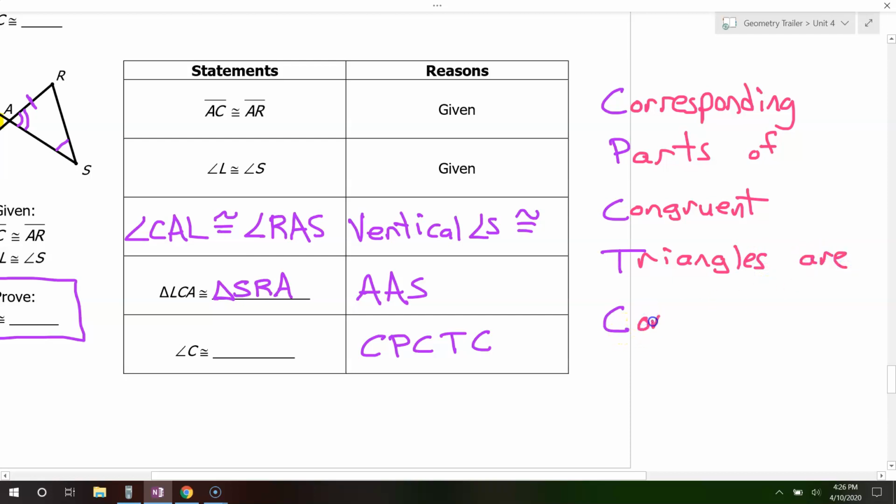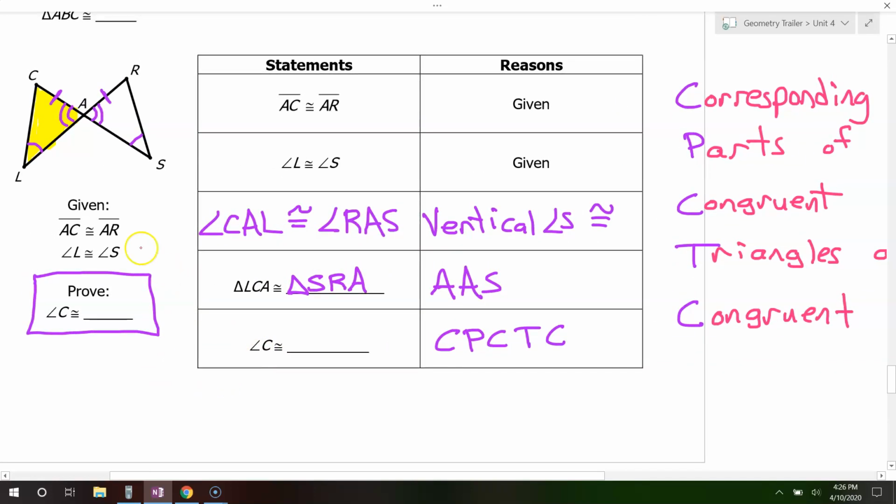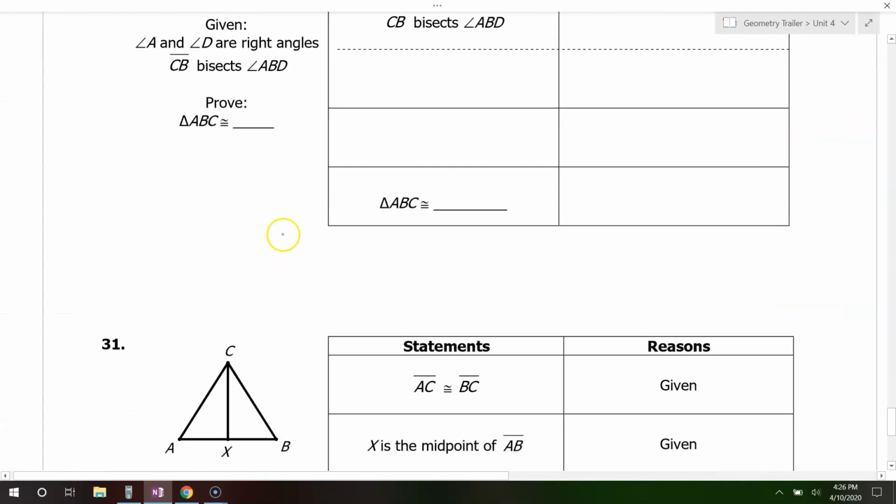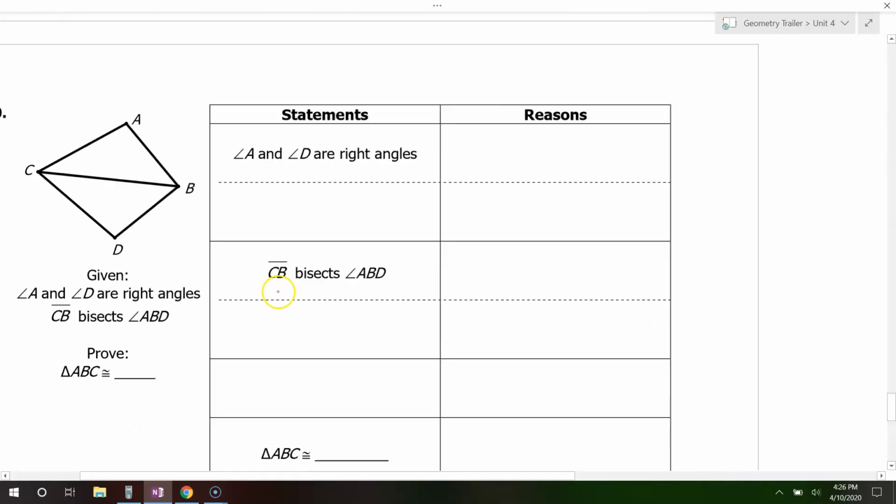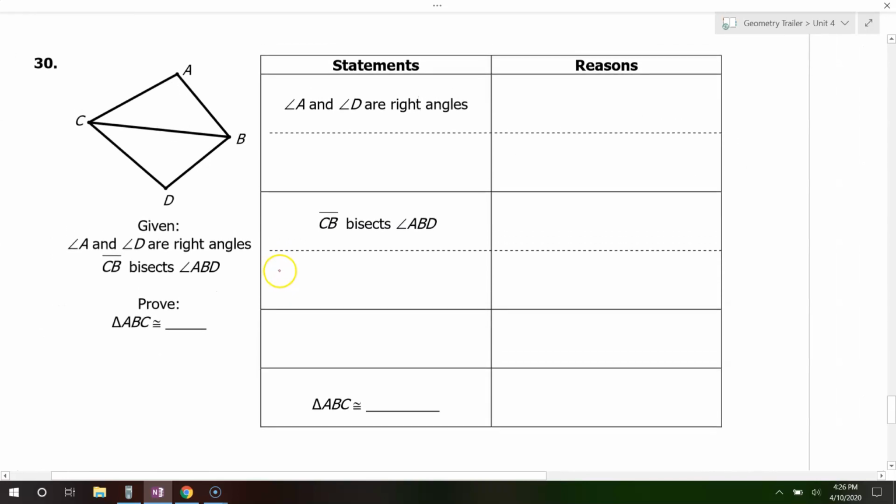Corresponding parts of congruent triangles are congruent. That's why angle C must be congruent to angle R, because they are corresponding parts of triangles that we have already proven to be congruent. I keep saying a couple more, but literally we have two more.